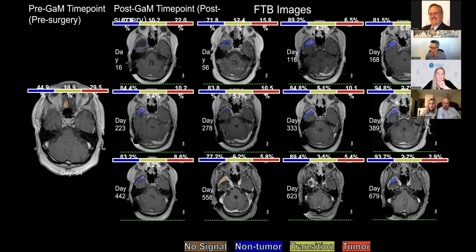And we see that after treatment there's been this persistence of the blue, basically showing a predominant post-treatment effect, even though the enhancement itself appeared to increase over time.